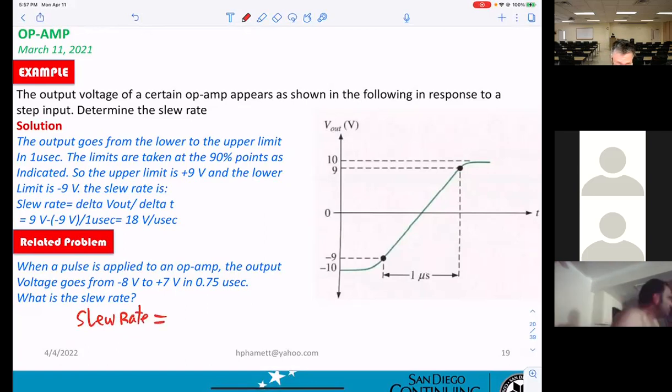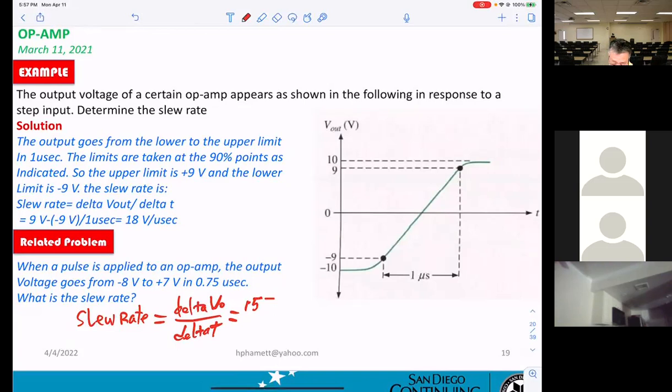Equal delta V out, is it 20? Divided by delta T. So equal what? Is it 20, 15, right? I'm talking about the calculation.